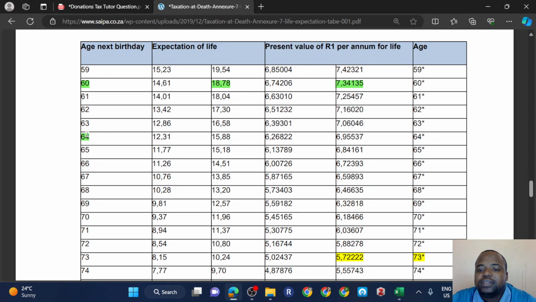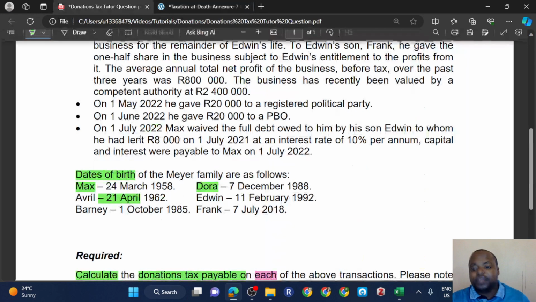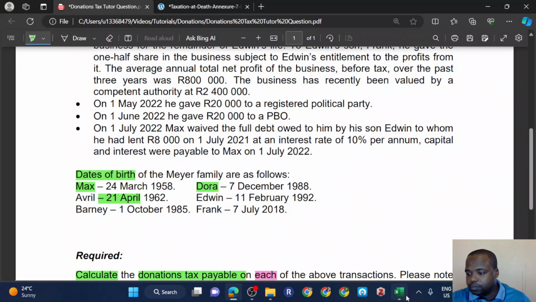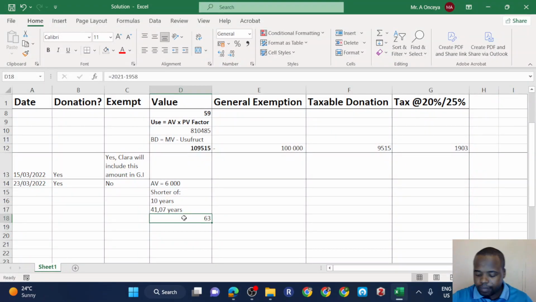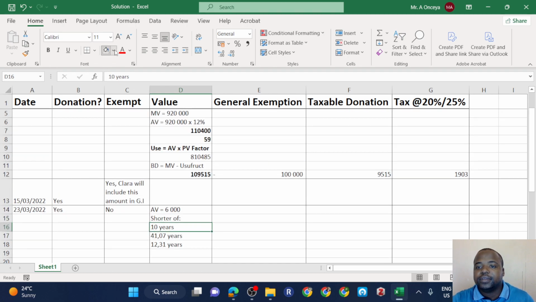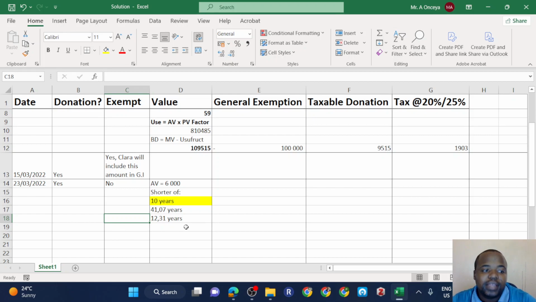He's a guy, so 12.31 years. And then obviously the shorter of the three is the 10 years. The shortest period of the three periods there is 10 years.